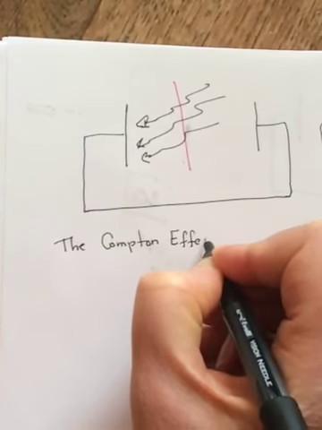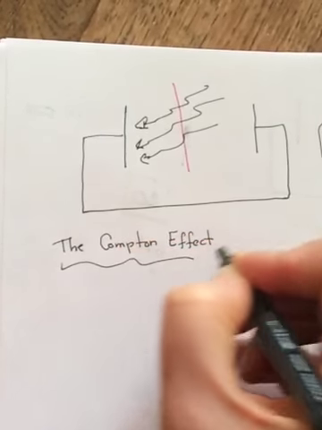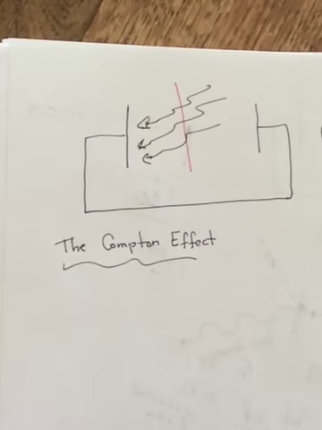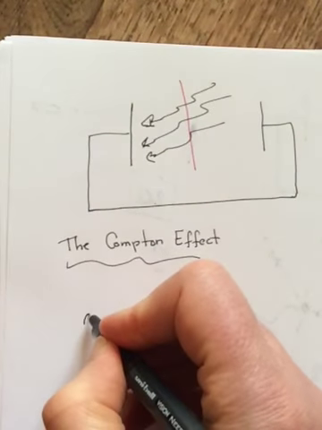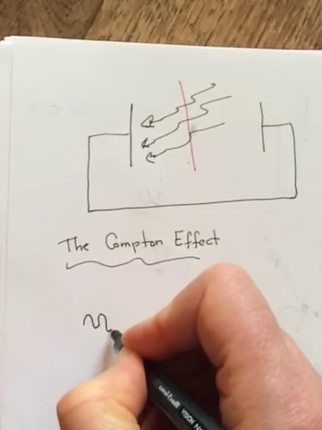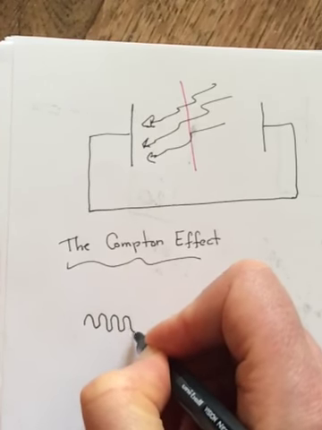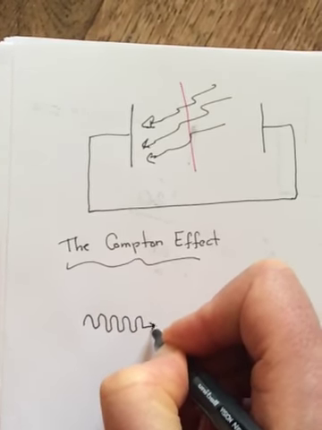The Compton effect is named after Sir Arthur Compton, I think it was around 1922. What he did was he took a high-energy photon, all photons travel at the same speed.